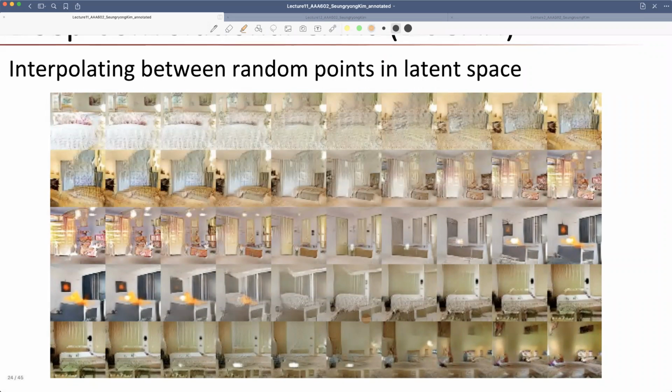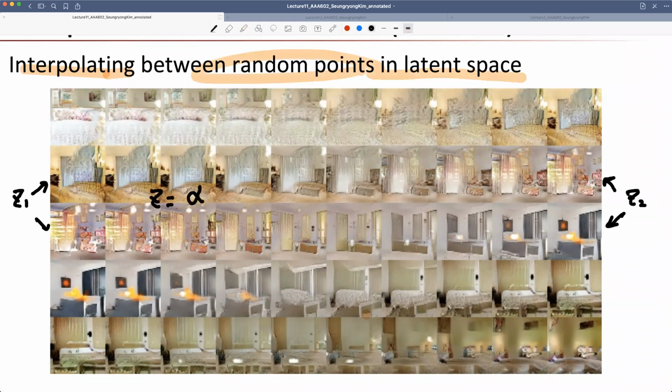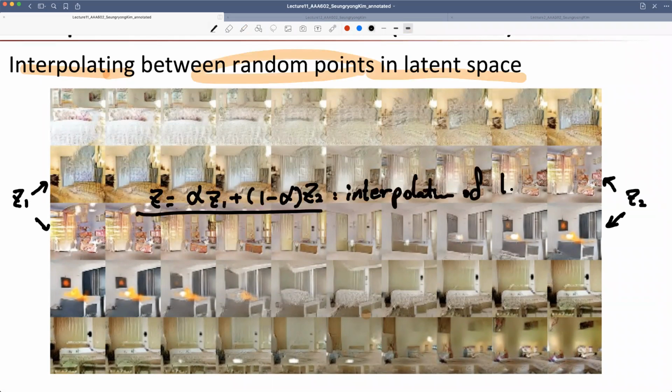This image shows the interpolation between the random vectors in the latent space. Let me say Z1 generates this sample and Z2 generates this sample, right? Then we can think about a new Z as alpha times Z1 plus (1 minus alpha) times Z2. That is the interpolation of the latent space.